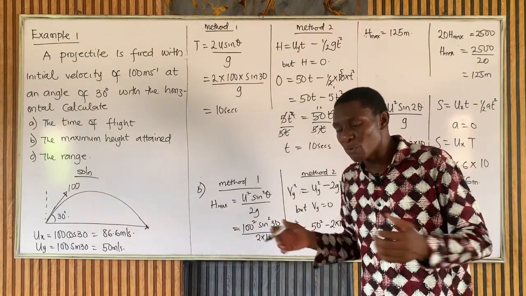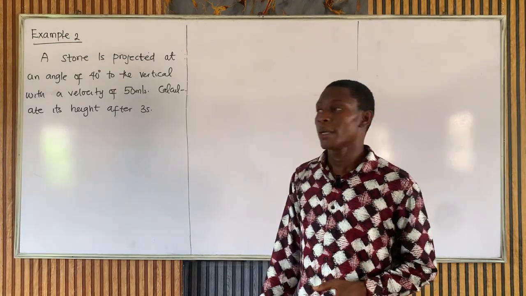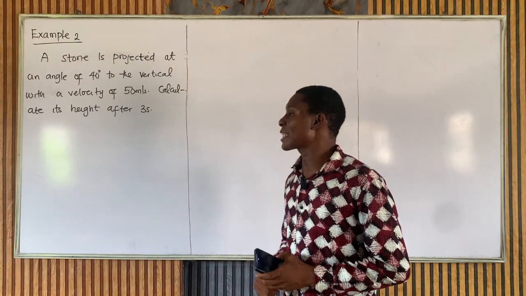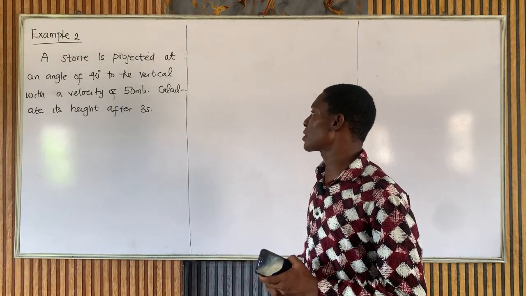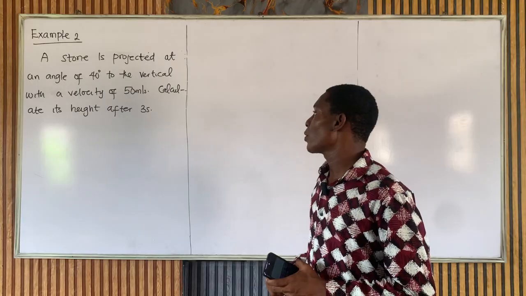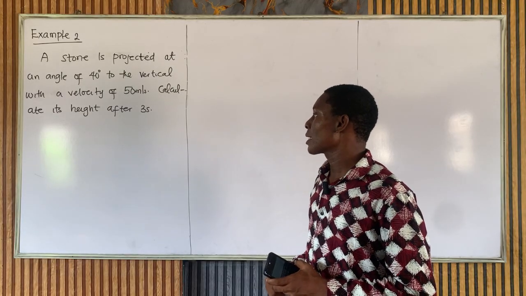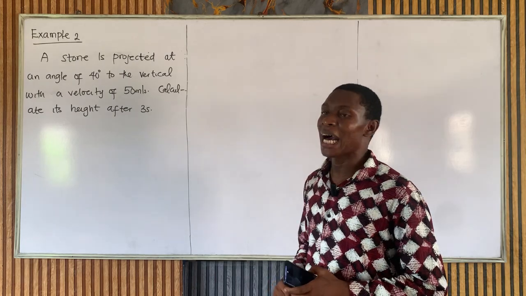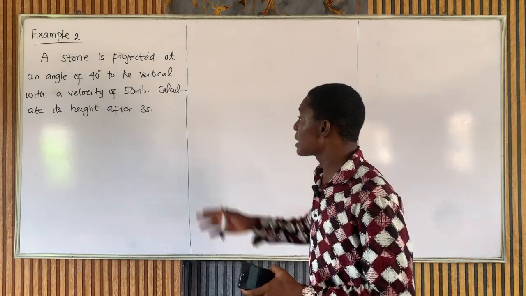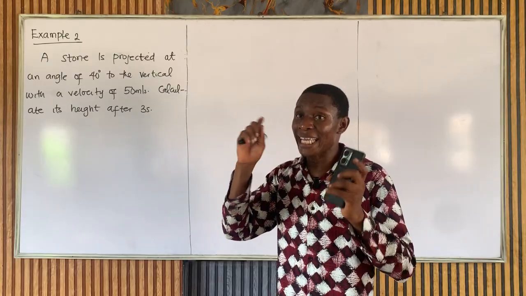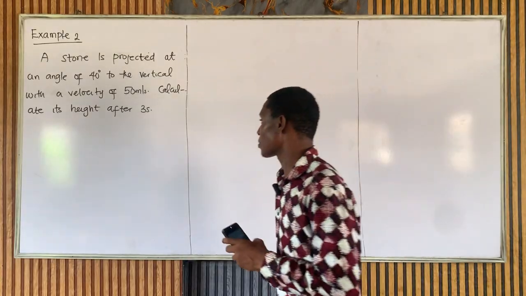These are questions we've sometimes met in WAEC. Example 2. A stone is projected at an angle of 40 degrees to the vertical with an initial velocity of 50 meters per second. Calculate its height after 3 seconds. This is a very straightforward question and just requires you to get one thing, the height after 3 seconds.